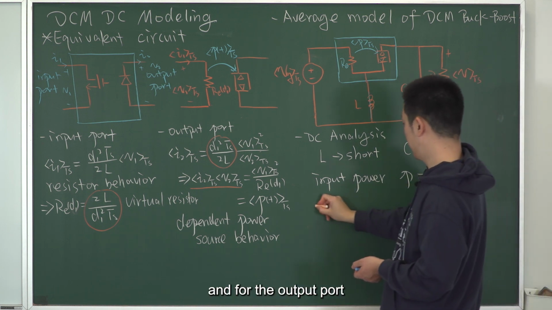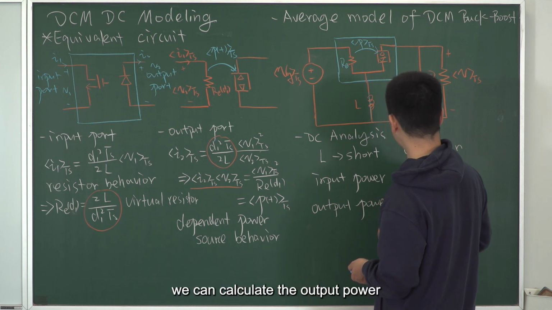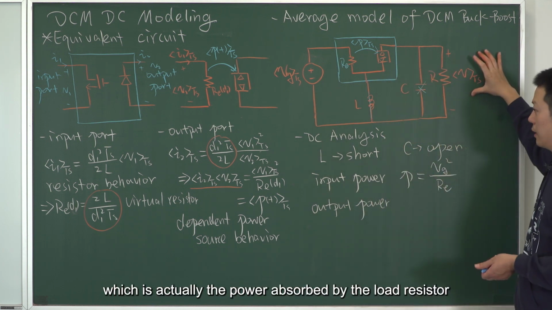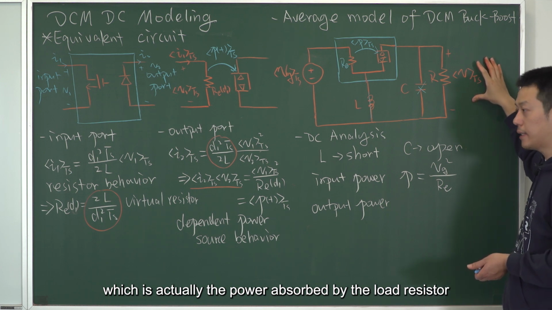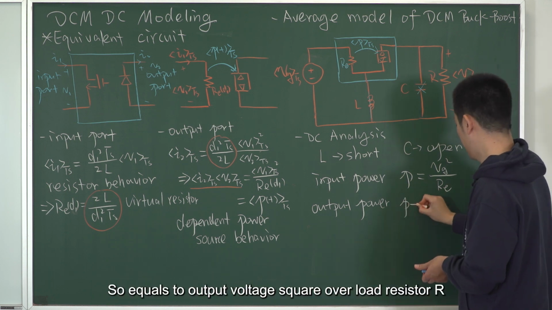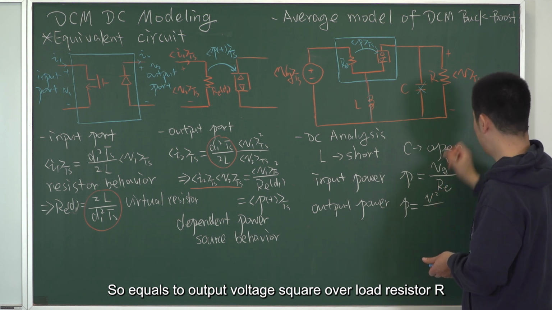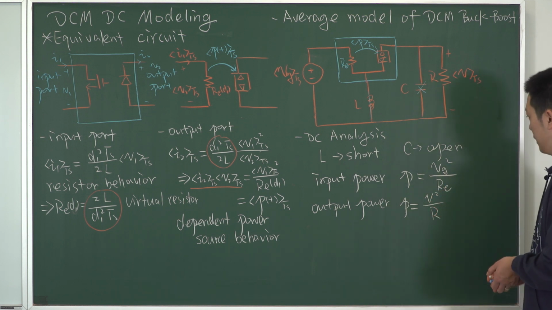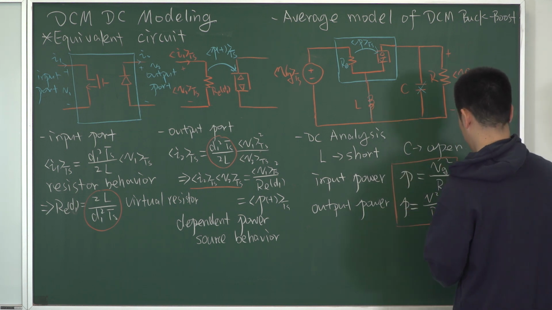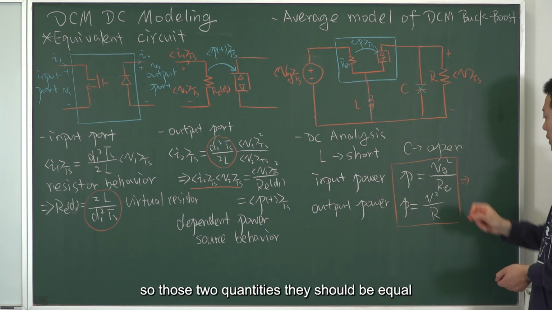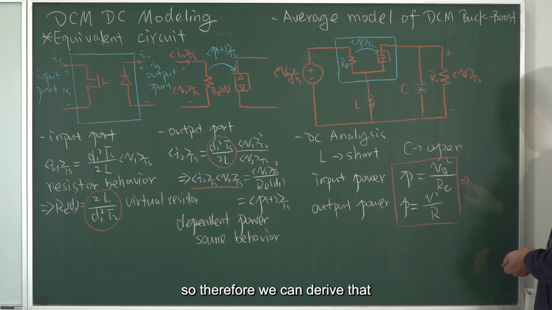And for the output port, we can calculate the output power, which is actually the power absorbed by the load resistor. So equals to output voltage squared over load resistor R. Based on the principle of energy conservation, those two quantities should be equal. So therefore, we can derive that.